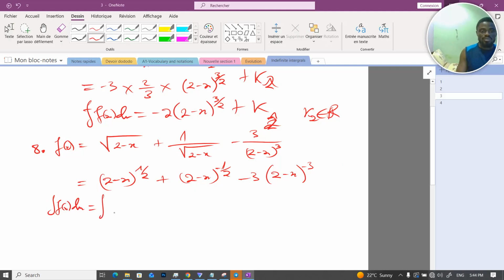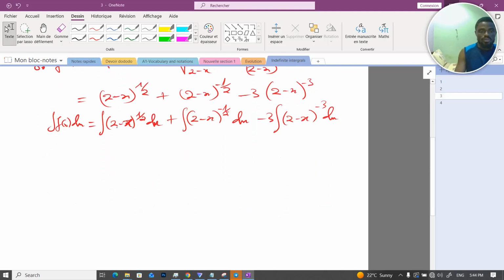So this will be equal to the integral of 2 minus x to the half dx plus the integral of 2 minus x to the minus a half dx minus 3 times the integral of 2 minus x to the minus 3 dx. So now this resembles our condition.